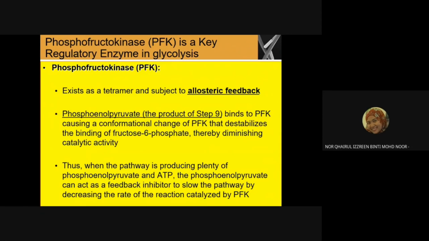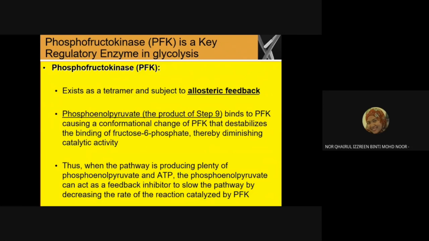Here you need to know what allosteric feedback is. I suppose you have learned this in enzyme reactions. When there is more of the product, you will get less of the reaction producing that product. So if phosphoenolpyruvate is abundant, it will bind to this enzyme and change the conformation.